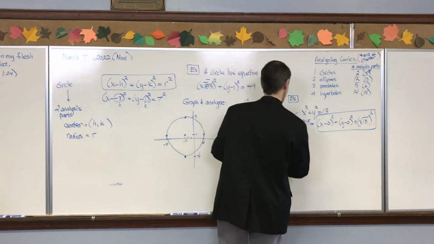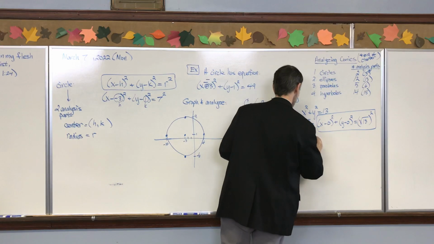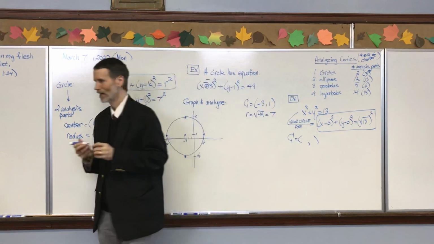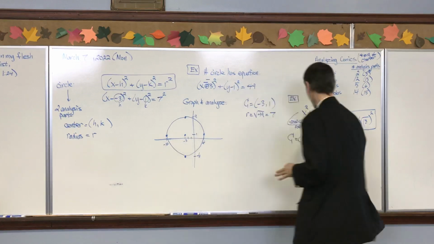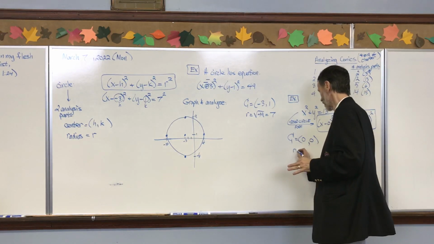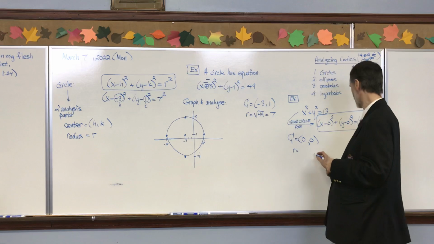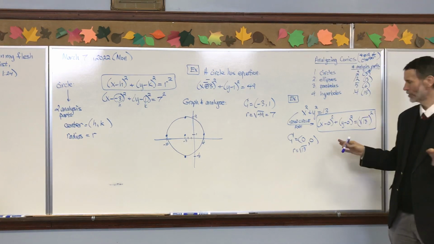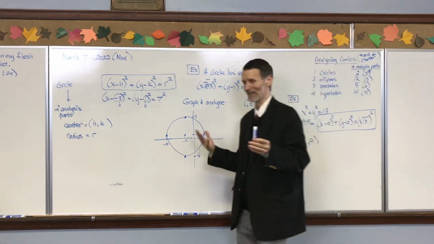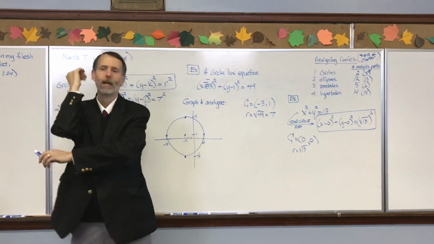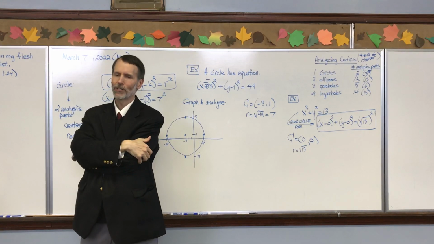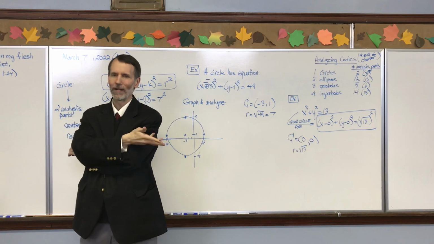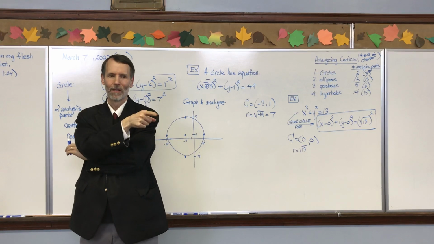So, Josh, where's the center? It's at 0, 0. Where's the radius? It's radical 13. Correct. Now, radical 13 is a bad number. It's not evil, but bad as far as not very neat. Can somebody tell me radical 13 is between what and what whole numbers? 3 and 4.